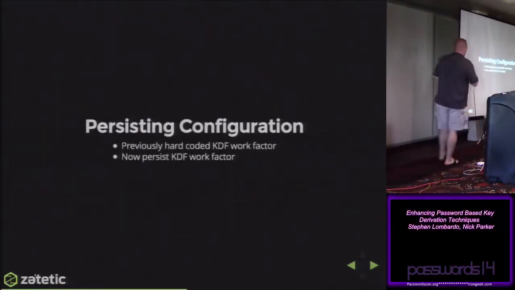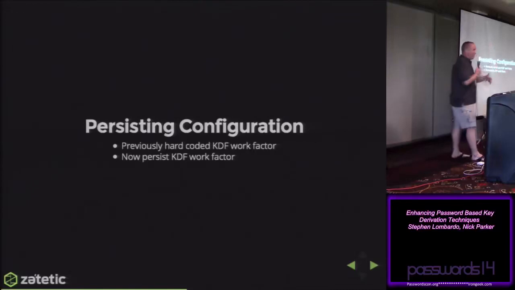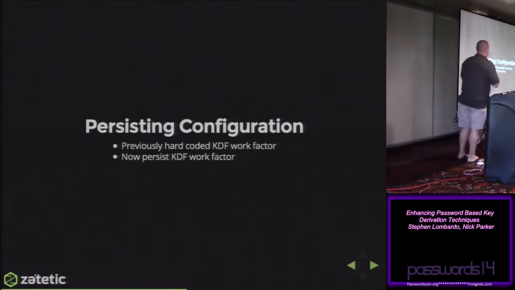When we start talking about computing a work factor on a per device basis, it introduces a new set of challenges that we didn't have to deal with before. Previously, we had a static iteration length, so the client developer wasn't responsible for maintaining that.